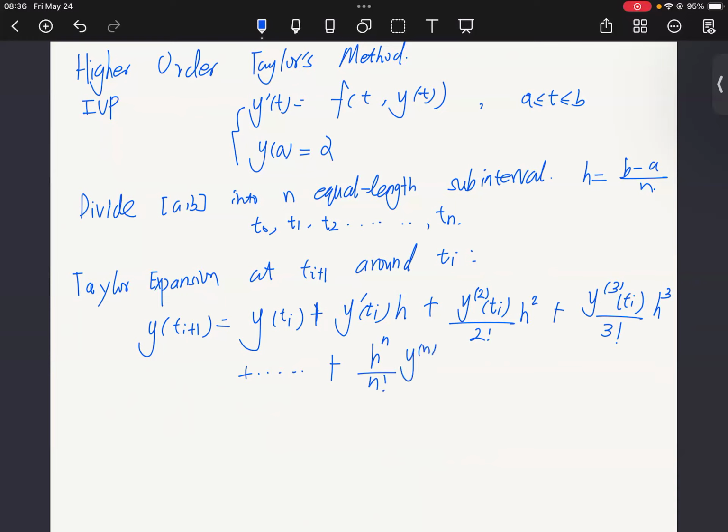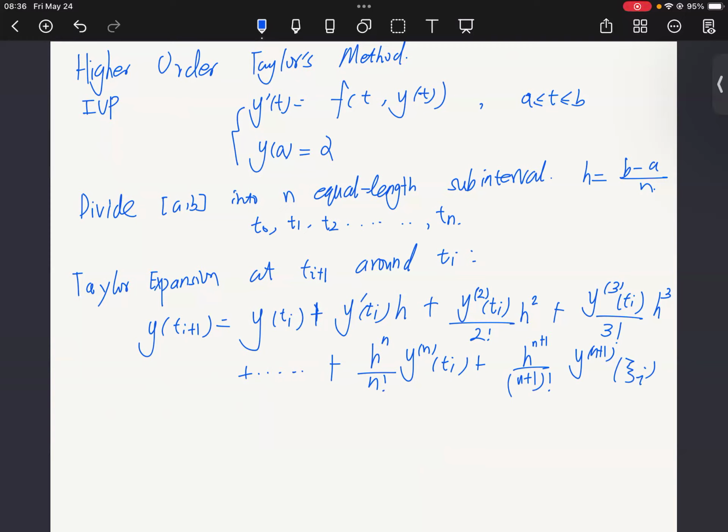This is the nth derivative at t_i, and we have the error item with n plus 1 factorial, and this is c_i.